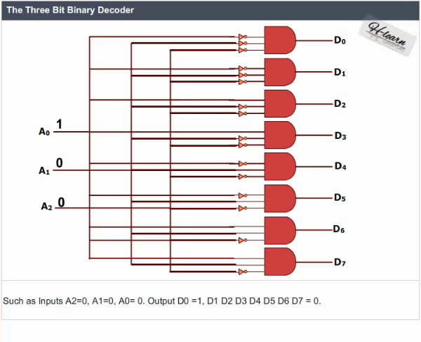Inputs A2 equals 0, A1 equals 0, A0 equals 1: output D1 equals 1, D0, D2, D3, D4, D5, D6, D7 equal 0.